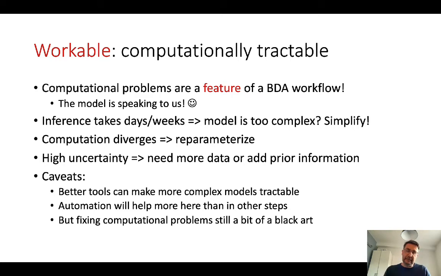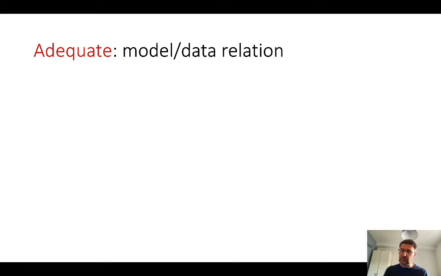But in the end, this step is a little bit of a black art, so it's very hard for anyone to give you lots of detailed advice for how to do this. You will have to follow the books and writings of the statisticians and learn as you go along. The adequate step is about actually running our model with our empirical data and making the inference.